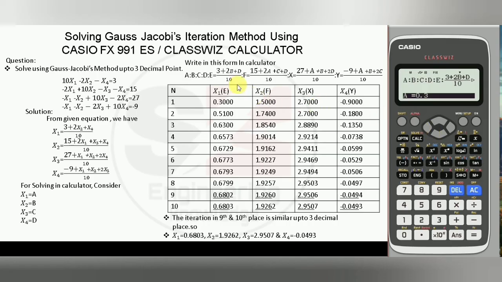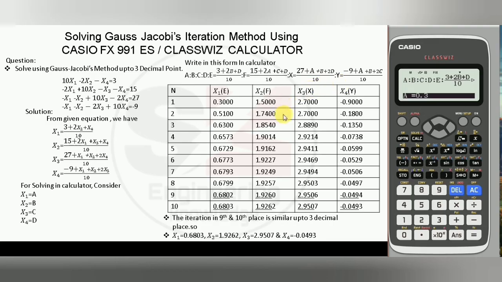We have to consider one main important thing: that we have to express the equation in terms of other variables apart from the variables involved in this consideration, that is A, B, C, D. We represent this numerator value, and for representing this in terms of the equation, we have to consider other variables apart from A, B, C, D, like E, F, X and Y.